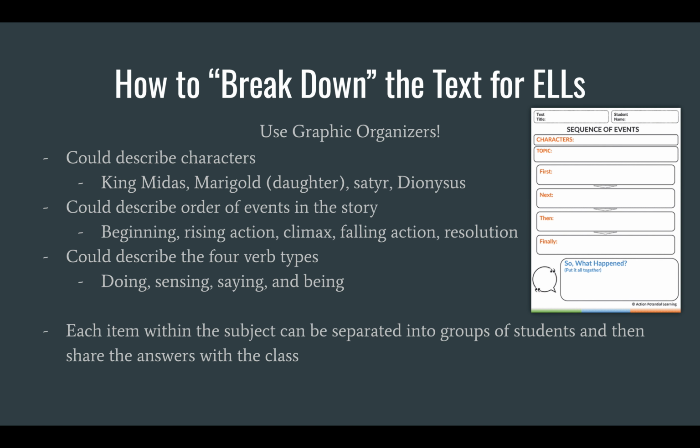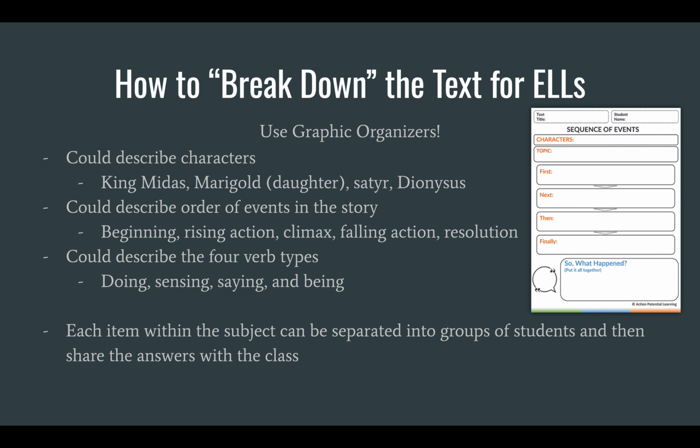And then lastly, some ideas of how I thought to break down the text would be helpful for ELLs. So I thought that graphic organizers would make the most sense, especially for her class and how she likes to use visuals and things like that. So I was thinking that you could make a certain page dedicated to the different characters, or describe the order of events.